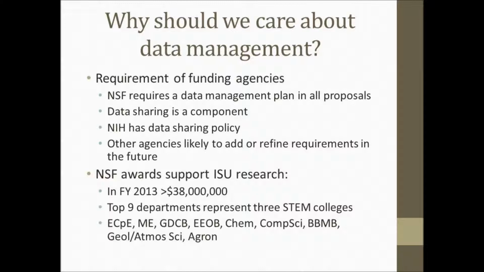And of course, NSF awards support a lot of the research that goes on at Iowa State. Not all of it, clearly, but a number of departments in the STEM colleges. So we care about what NSF wants because we want researchers to be successful in getting grants. And so that's really what this is about, helping you be successful in getting grants. So we need to be able to use our data now and into the future.